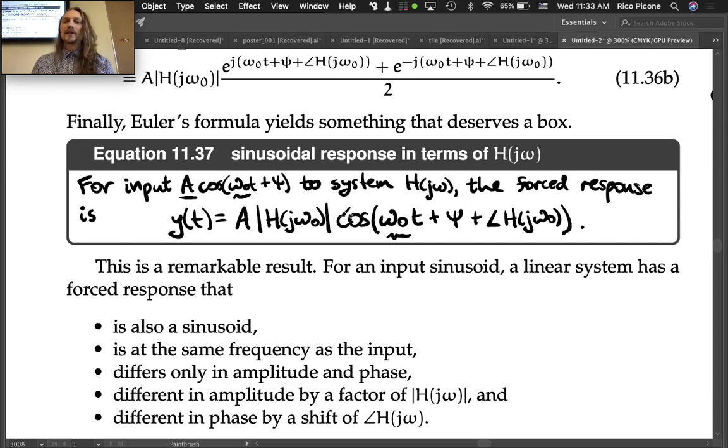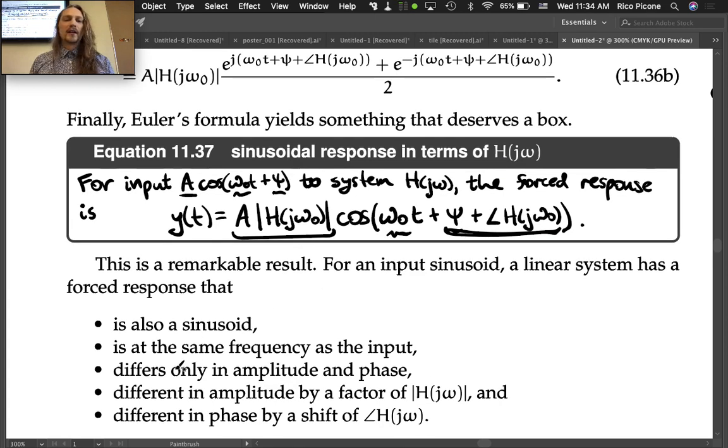So what's different about this sinusoid? The amplitude changed by a factor. The input was A, output is A times the factor. And the phase, the input phase, shows up, and the only thing that's different about it is that it's got this extra term that comes from the frequency response function. So the difference in amplitude is a factor of the magnitude of H of j omega.